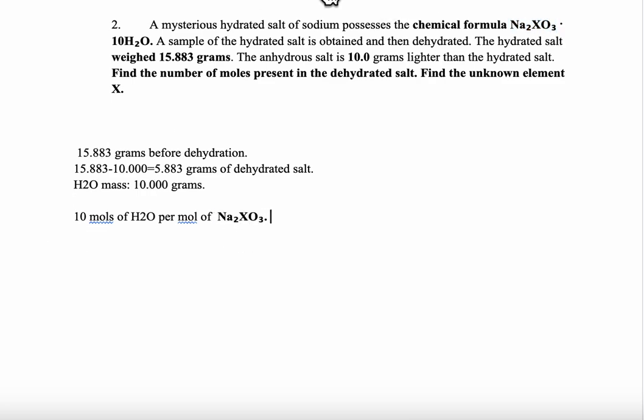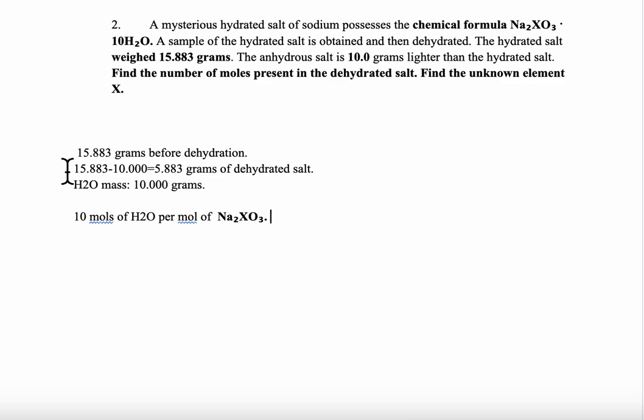And we can't quite figure out the moles of the salt itself immediately, because we would need to find the molar mass of the substance first, and we don't know that if we have a missing element.